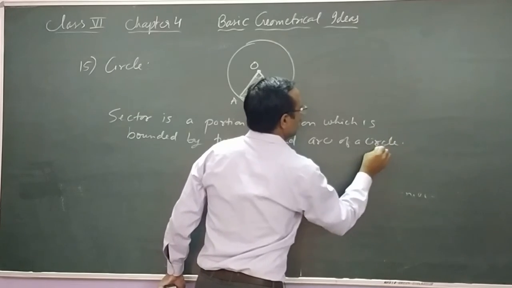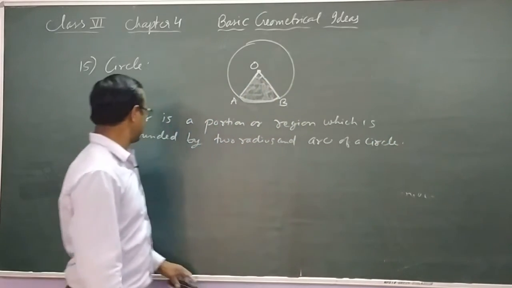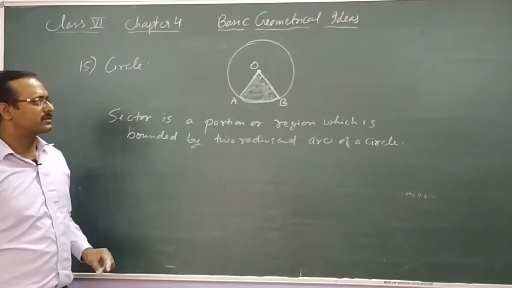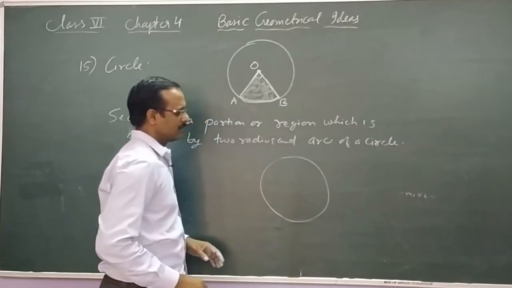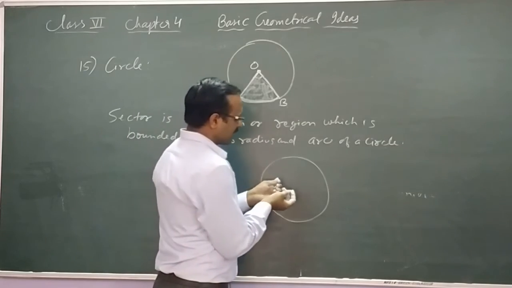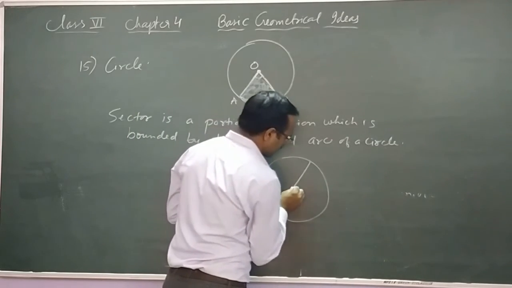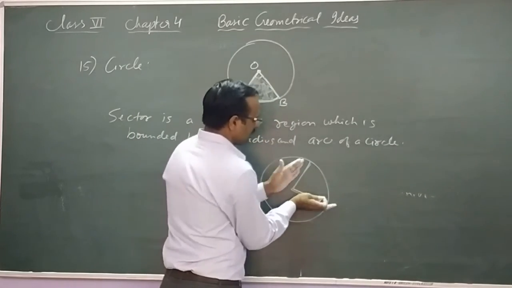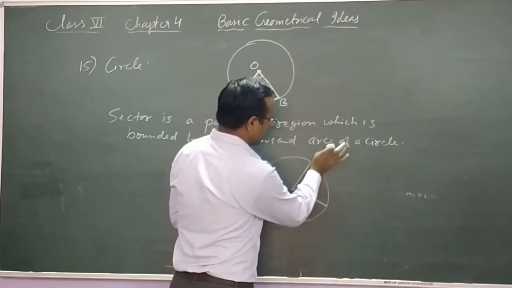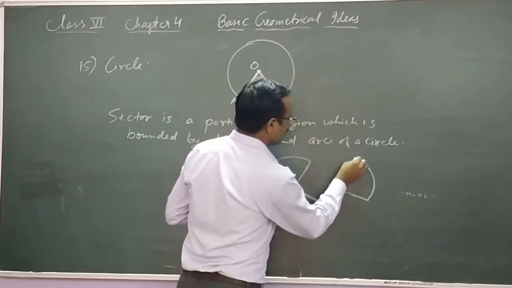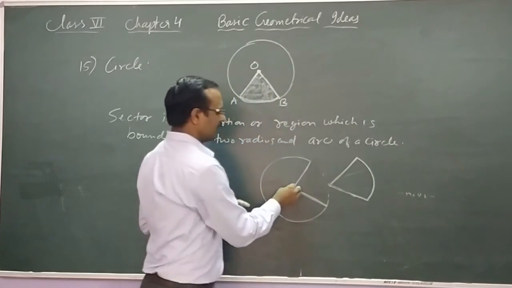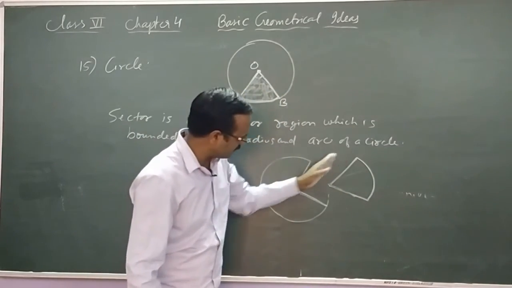Now, do we have any real life examples? Suppose there is a chapati in a circular shape. If you cut this chapati along this line, this portion will be separated, and this separated part will be called a sector. You have to take the portion from the center.